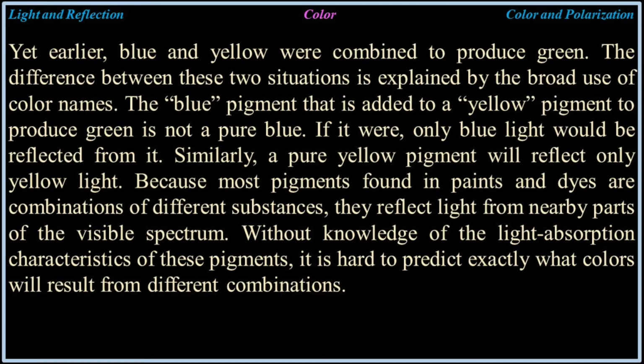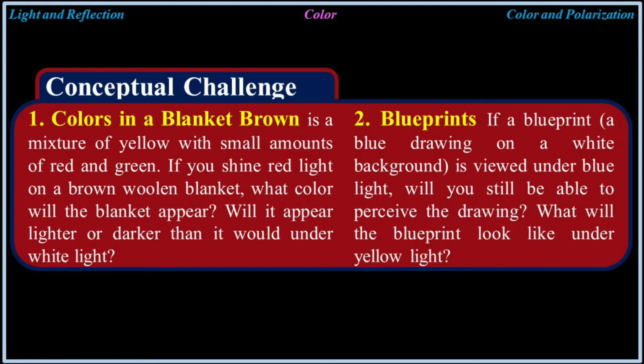Because most pigments found in paints and dyes are combinations of different substances, they reflect light from nearby parts of the visible spectrum. Without knowledge of the light absorption characteristics of these pigments, it is hard to predict exactly what colors will result from different combinations. Again, look back at the figures for this, Figure 20 specifically.